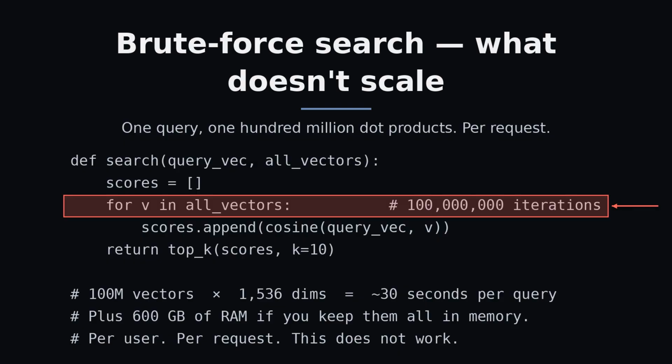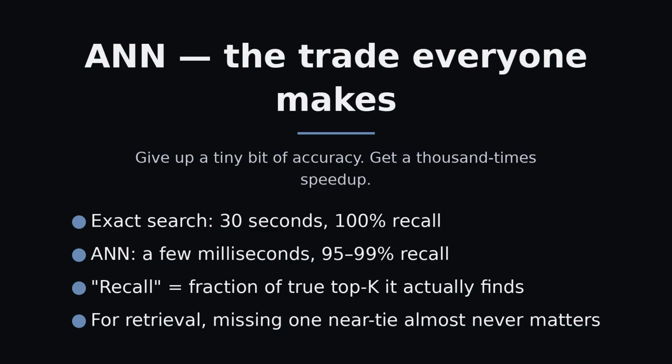We need an index. The whole field of vector search is built on one trade. It's called Approximate Nearest Neighbor, ANN for short. The idea is, instead of finding the exact 10 closest vectors, find 10 that are very probably in the closest 20 or 30. You give up a tiny amount of accuracy, and you get back a 1,000 times speedup.